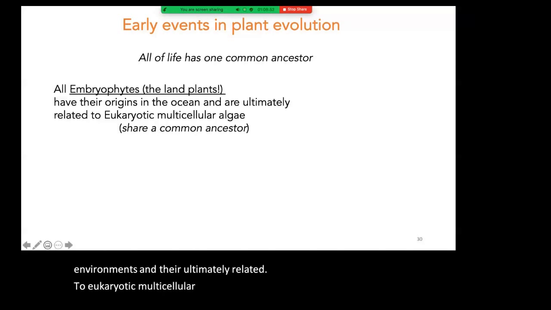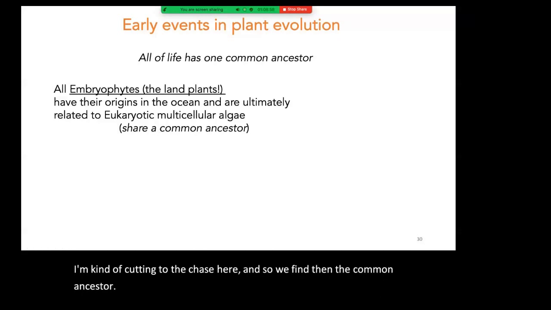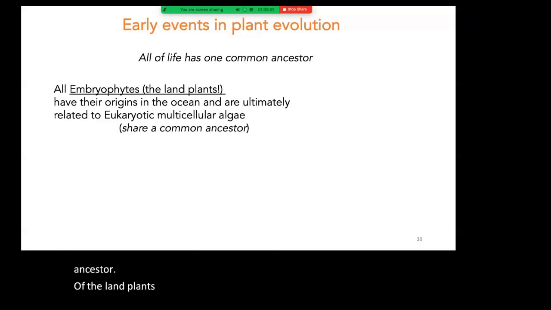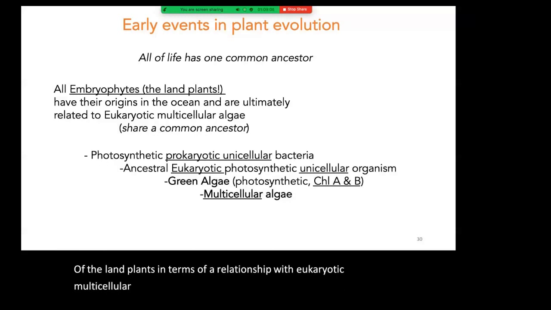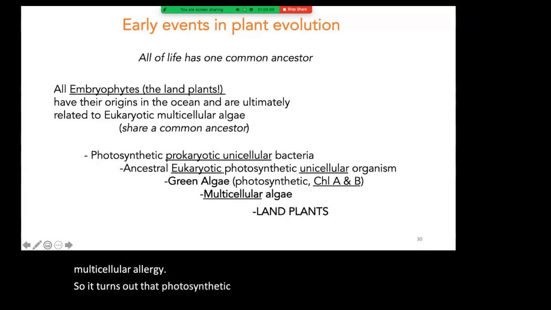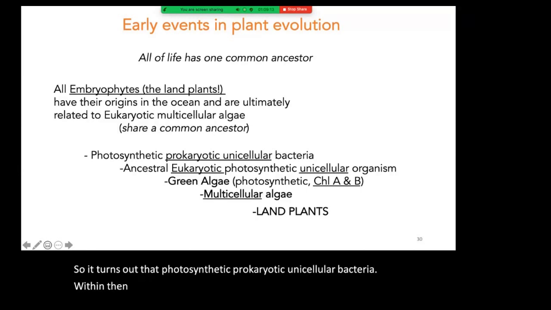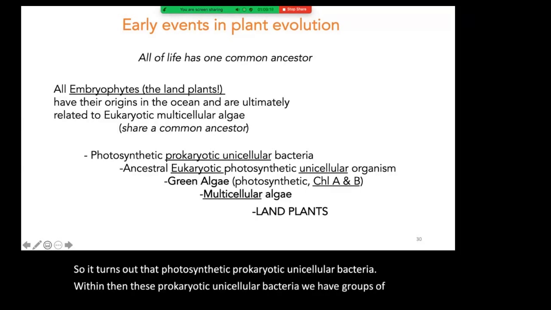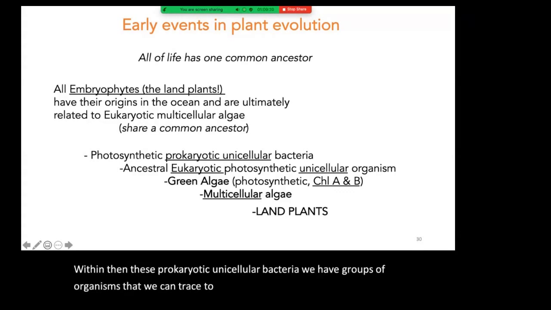I'm kind of cutting to the chase here. So we find the common ancestor of the land plants in terms of a relationship with eukaryotic multicellular algae. It turns out that among photosynthetic prokaryotic unicellular bacteria, we have groups of organisms that we can trace to an ancestral eukaryotic photosynthetic organism.